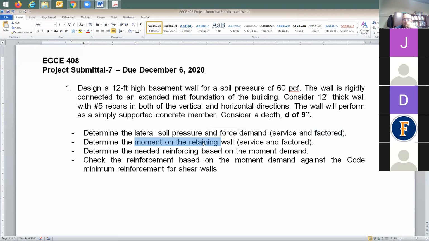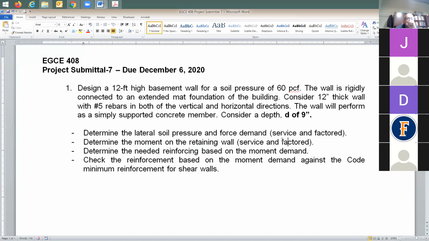Sorry. When we're checking for the reinforcement, do we check for both moments, like the service and factored? Okay. When you do any design in reinforcement, any concrete design, remember this statement. For any concrete design of a member, to do the reinforcing or to check the shear, you're going to be using the factored or the ultimate moment and shear.